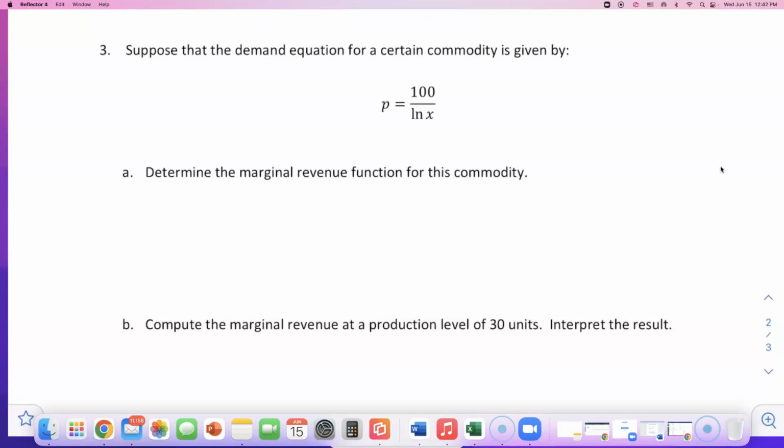They gave you a demand equation and they ask, what's the marginal revenue function? I think you read about this marginal revenue section in chapter 3. You cover so many sections this week, so maybe I'll jumble.